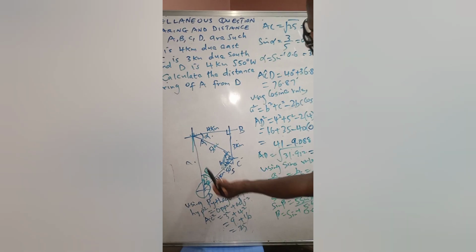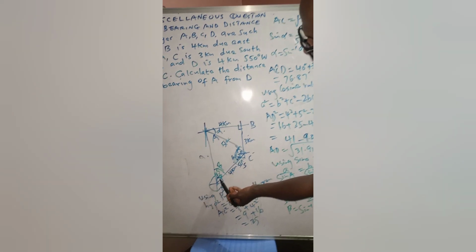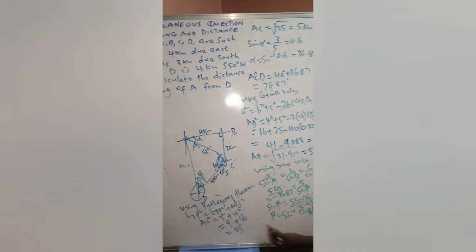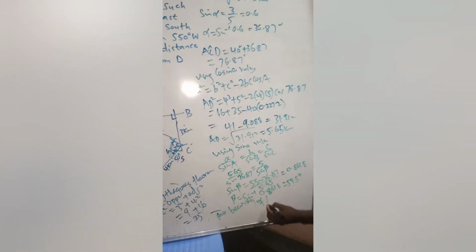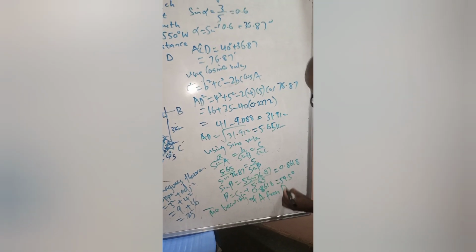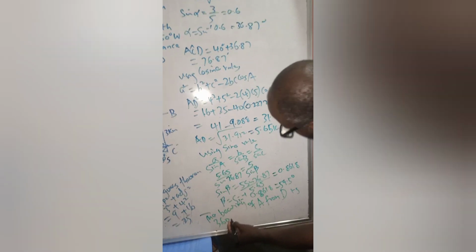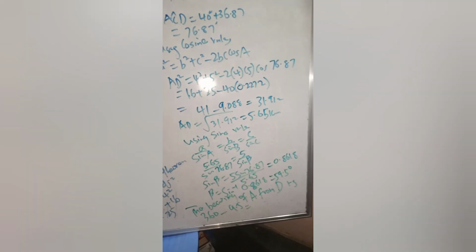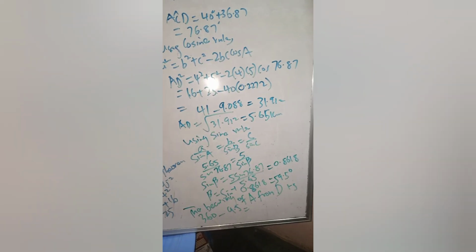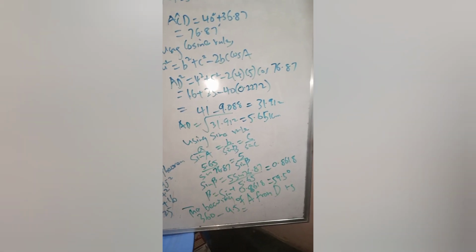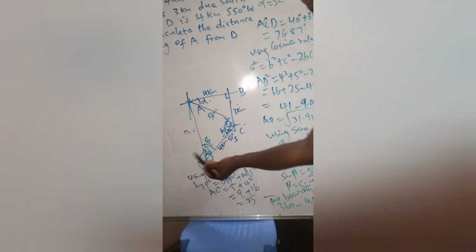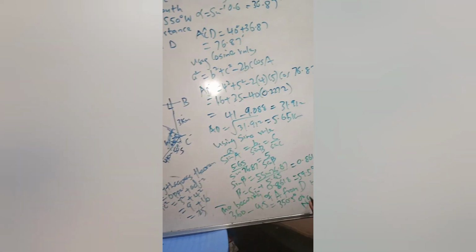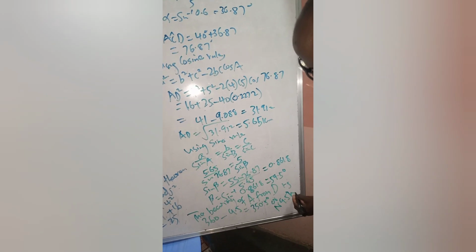So we can now say that the bearing of A from D will be 360 minus 9.5, which is 350.5 degrees, or north 9.5 degrees west.